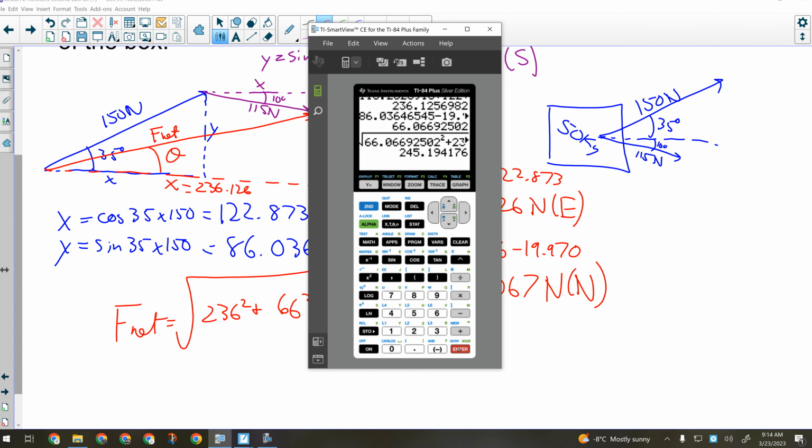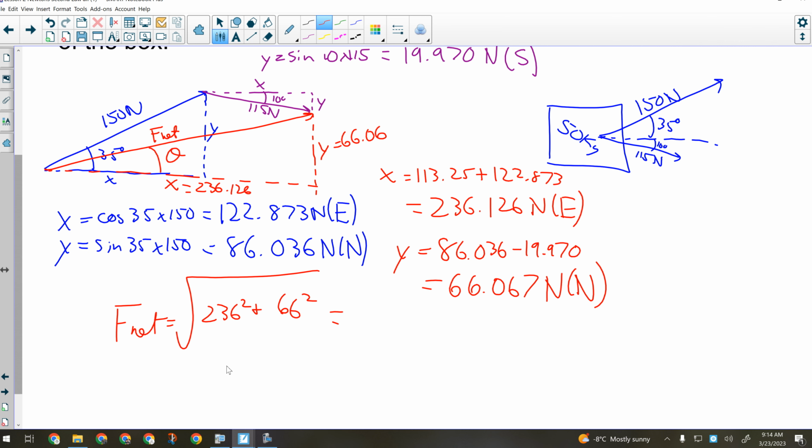So 245.194 newtons is the magnitude of my net force. I also need to get theta, which, the way I drew that triangle, Y was the opposite side, so 66 over 236.